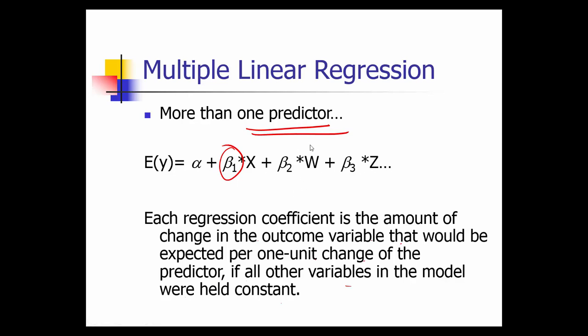So the way we explain is, if you keep the others constant, what is the change when x goes up? For example, beta 2 is nothing but, if you change w by 1 unit, what is the corresponding change in y? That's also known as the marginal effect, technically speaking. Okay, thank you.